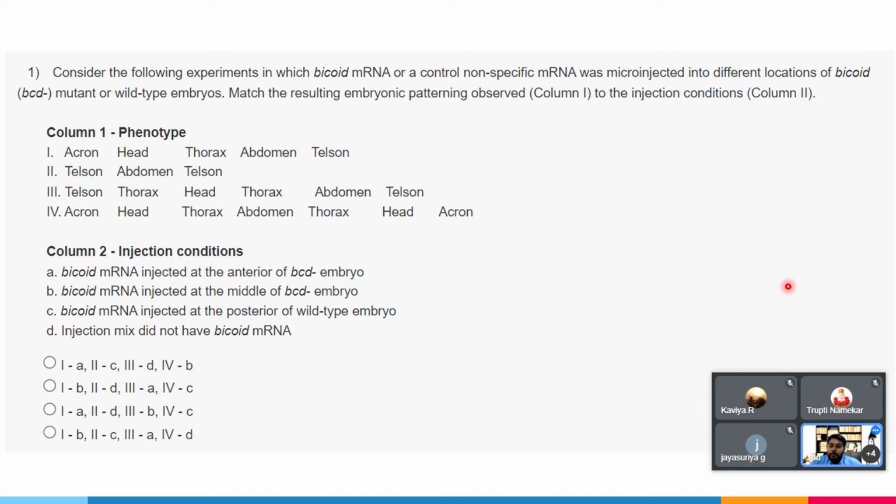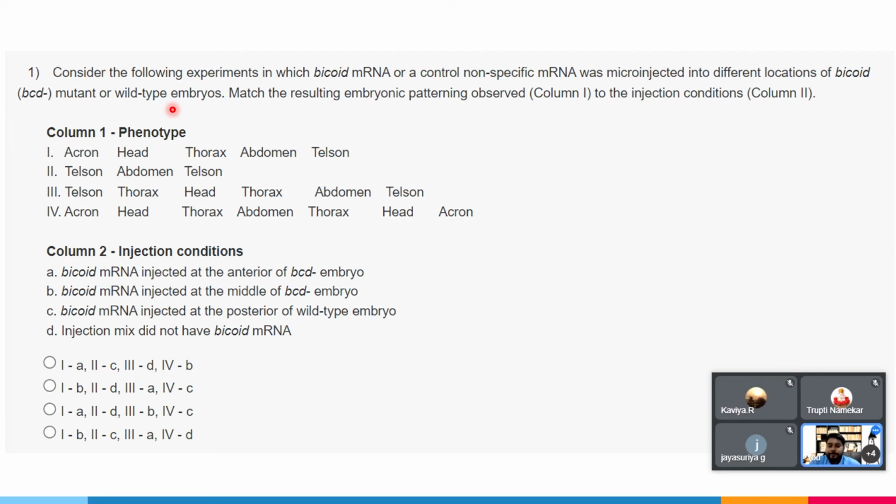So this is the next question, probably the final one: consider the following experiments in which bicoid mRNA or a control non-specific mRNA was microinjected into different locations of bicoid mutant or wild type embryos. We have bicoid mRNA or non-specific mRNA, and we are injecting it into different locations of bicoid mutant or wild type embryos.